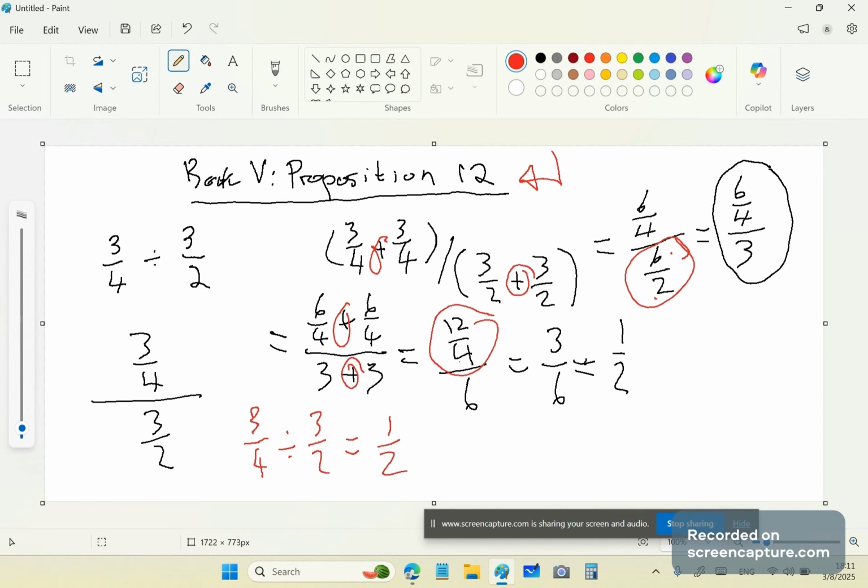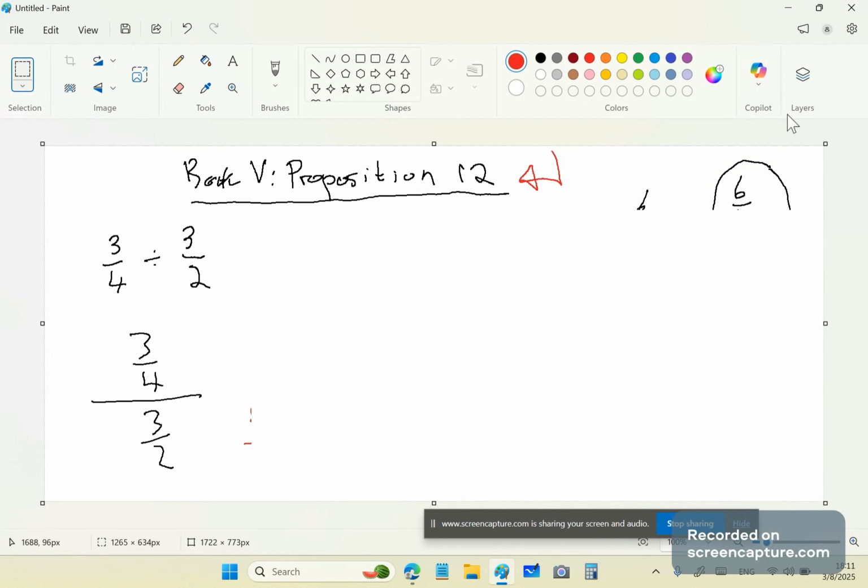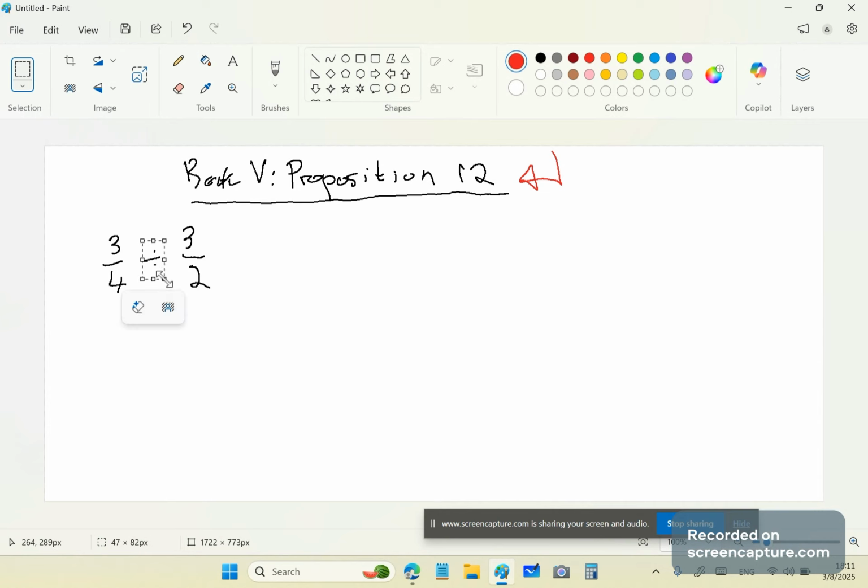Multiplication is just the reciprocal division measure. For example, let's take this example: something times 2/3.